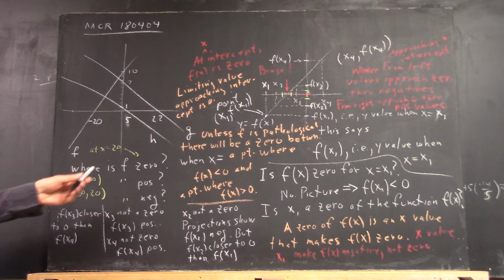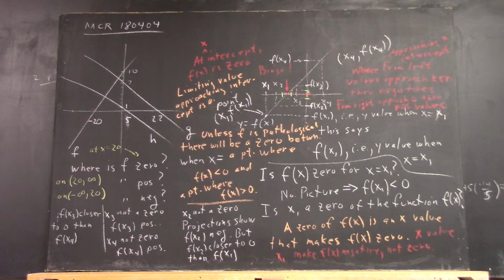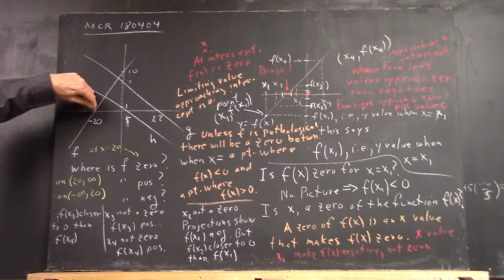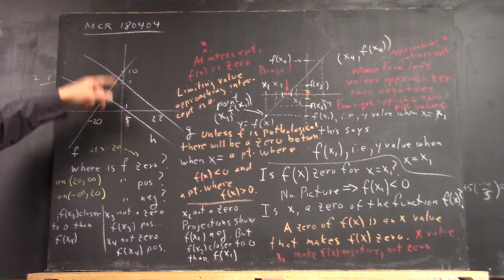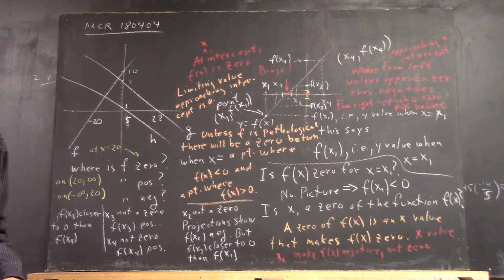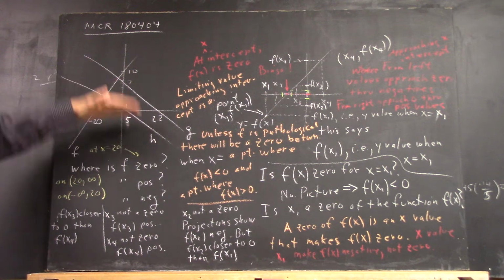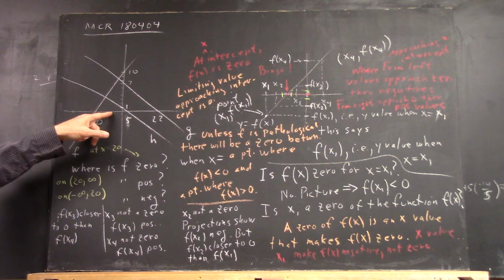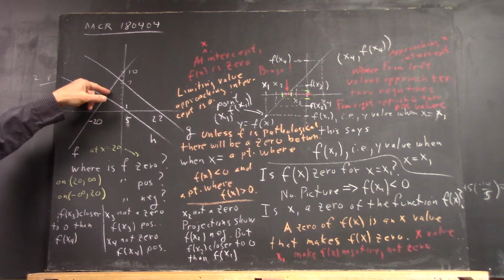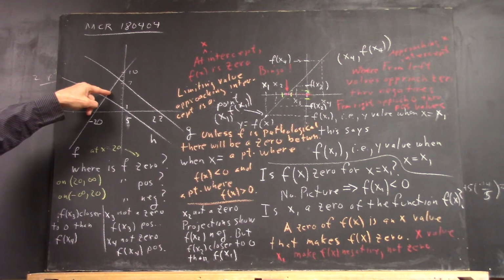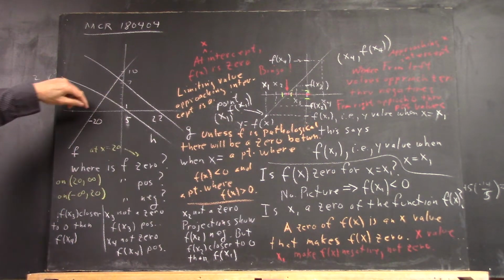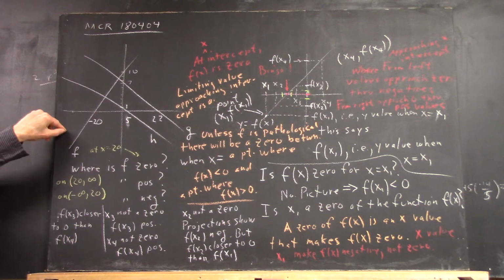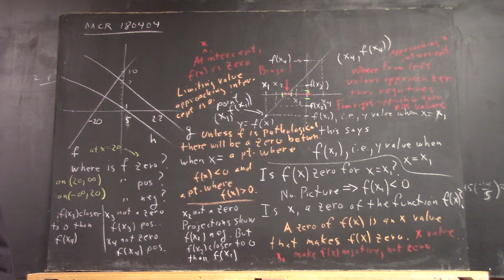Okay, where is f positive? Well, clearly, to the right of negative 20, your values of the function are going to be positive, right? Values of the function are the y values. If x is over here, the y value directly above or below that is above, and it's positive. If you're to the left of negative 20, the y value is negative, right?